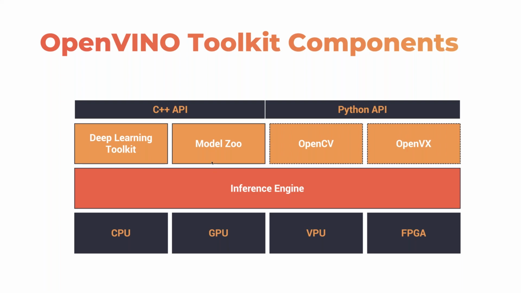Then there is a model zoo, which is a pre-trained set of models that are available on GitHub. You can download a lot of models, for example, emotion detection, facial recognition, age, gender, and a lot of very common models are available in the model zoo.